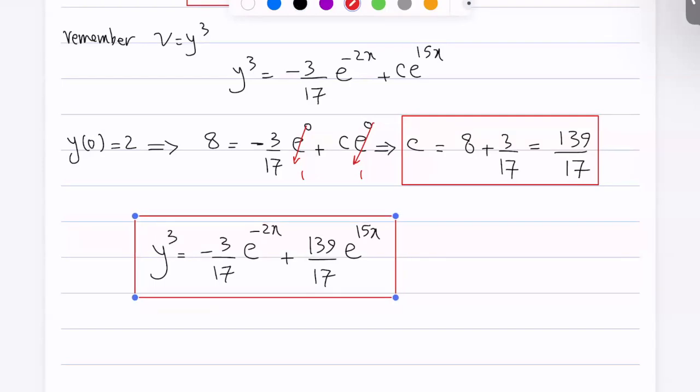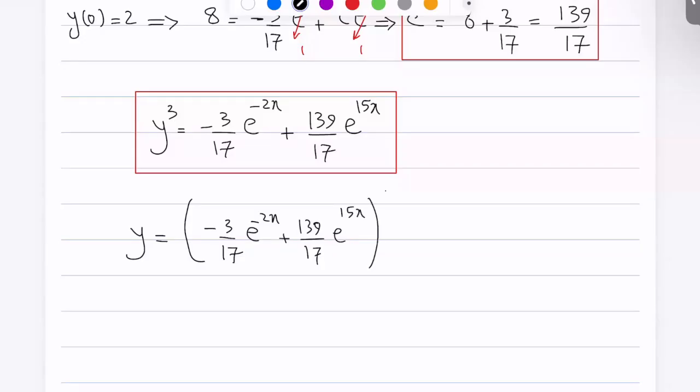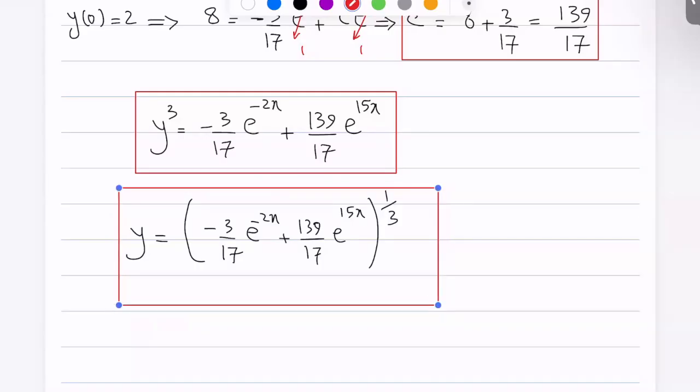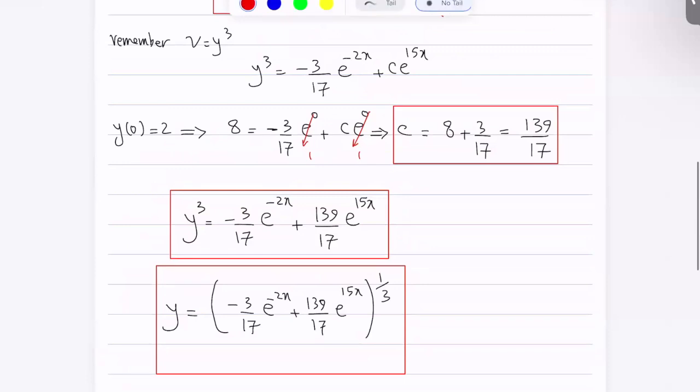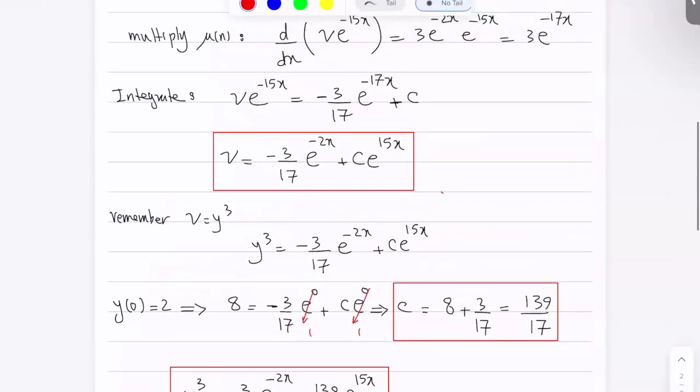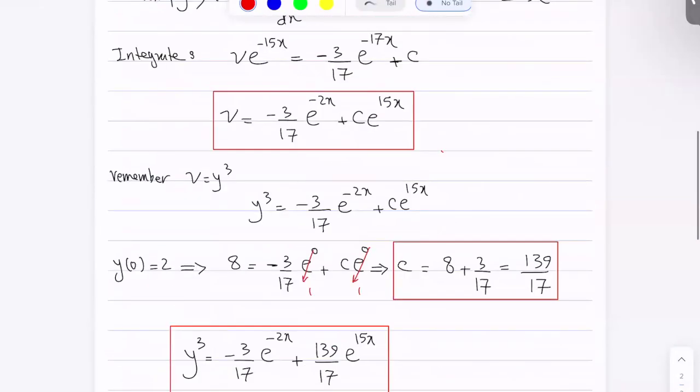And again, as I mentioned, you can also say that y is this whole thing to the power of 1/3. And we are done. Right, so we found the unknown function y in terms of x using the substitution method. Okay, so very important example.